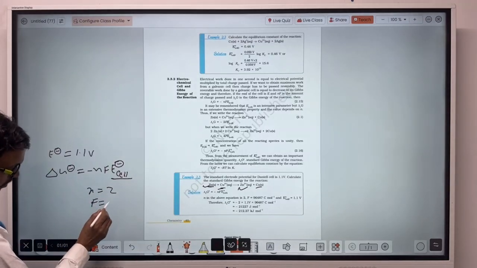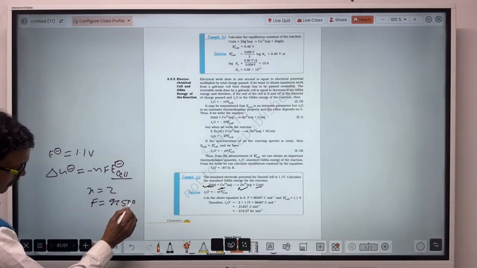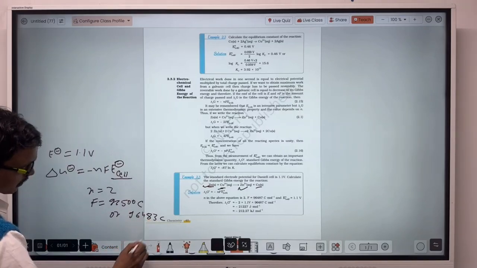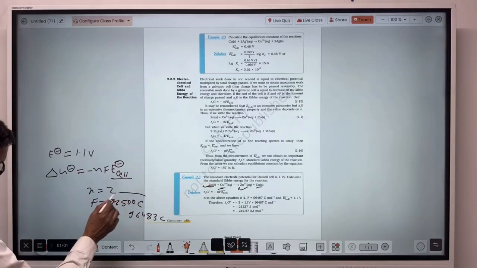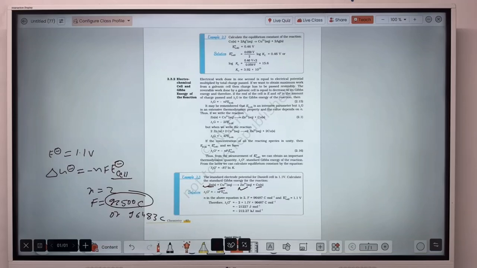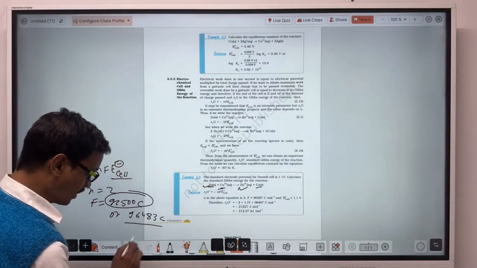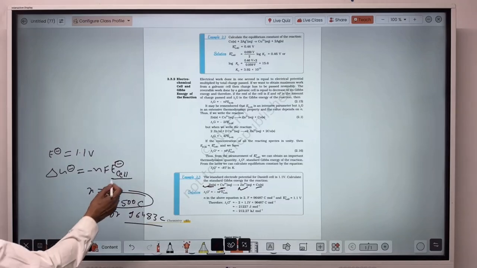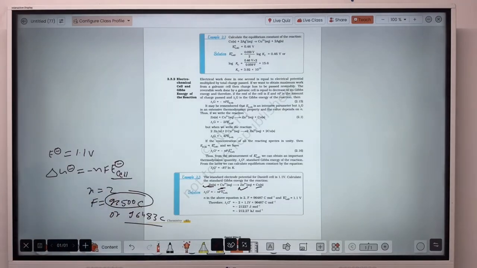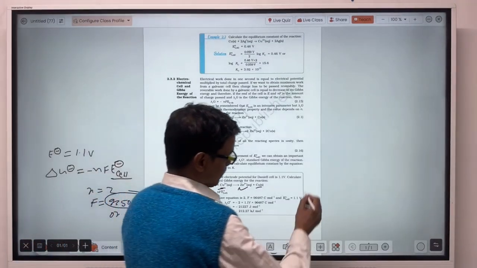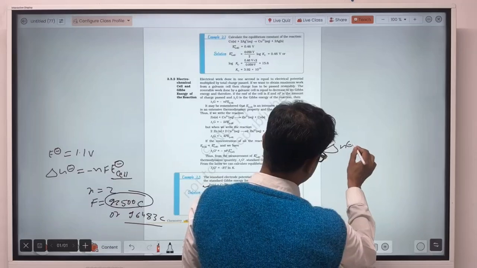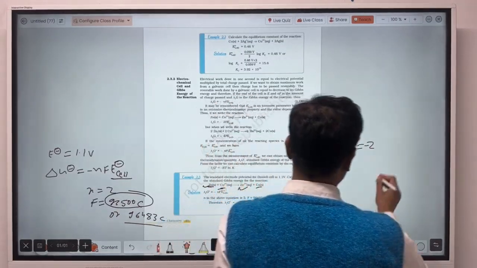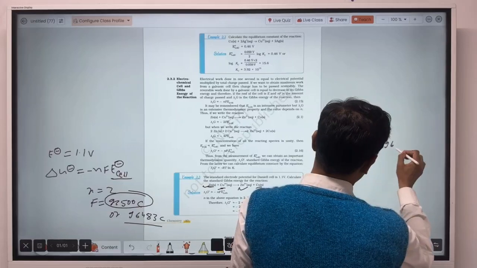Faraday's constant you already know, 96,500 coulomb or 96,483 coulomb, whatever you like. For simplicity I take this one. If you would like to take 96,400 coulomb, that is also okay. So this question is very simple: delta G standard equals minus 2 into Faraday's constant, 96,483.